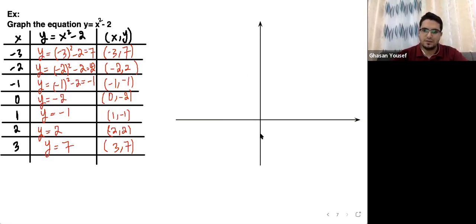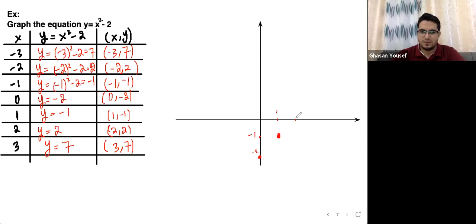This is 0, and this is my minus 2. For the second point, 1 and minus 1, so this is 1 and the minus 1 like around here.